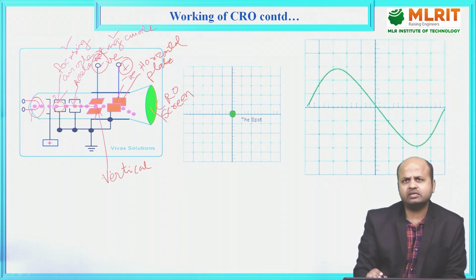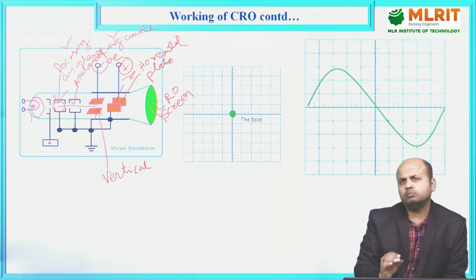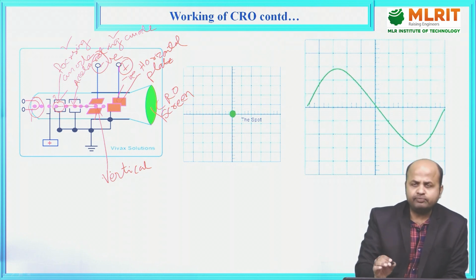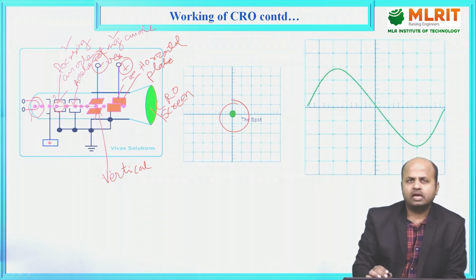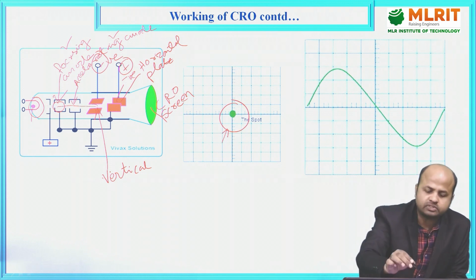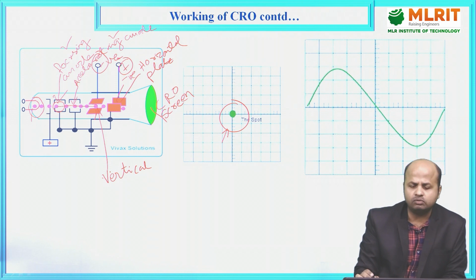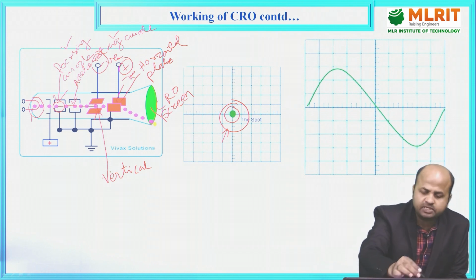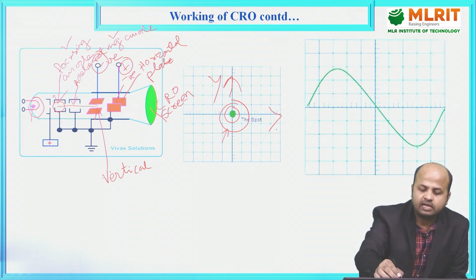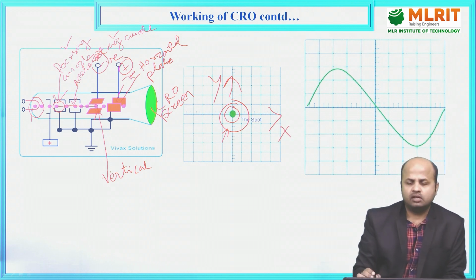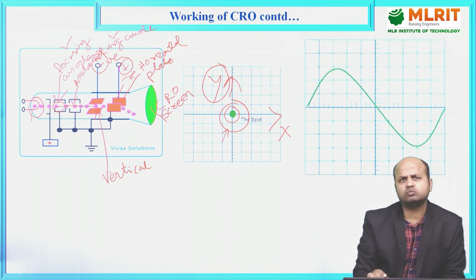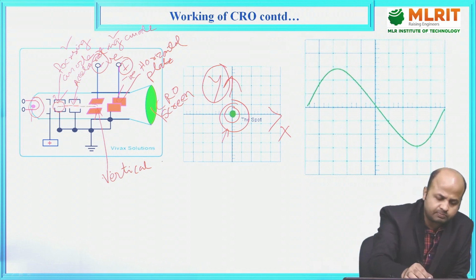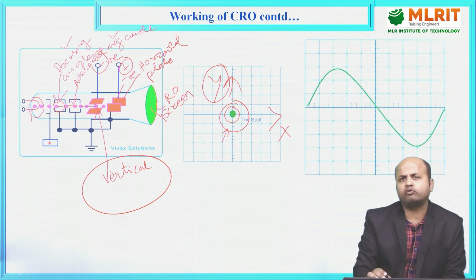and when I give the negative potential here, it will move toward the negative x-axis. So we are observing that this is my electron beam, and I want to plot the input signal on the CRO screen, what will I do? Okay, I will move this electron beam towards the y-axis and towards the x-axis. How to move this electron beam towards the y-axis? By means of the vertical plate voltage.